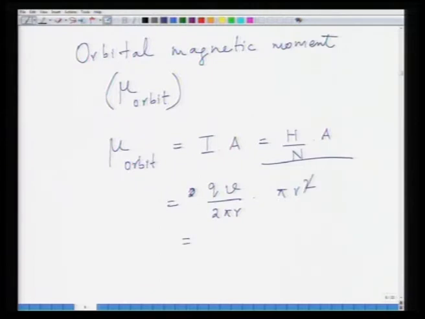So, you can cancel r here, and pi cancels as well. So this becomes q v r divided by 2, and I can modify it a little bit further.